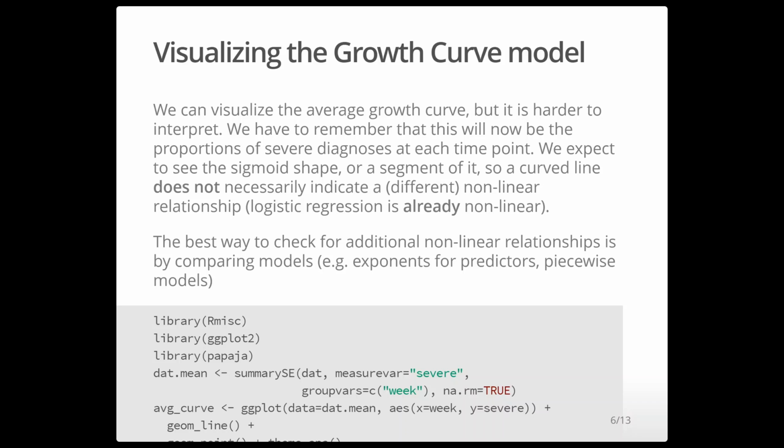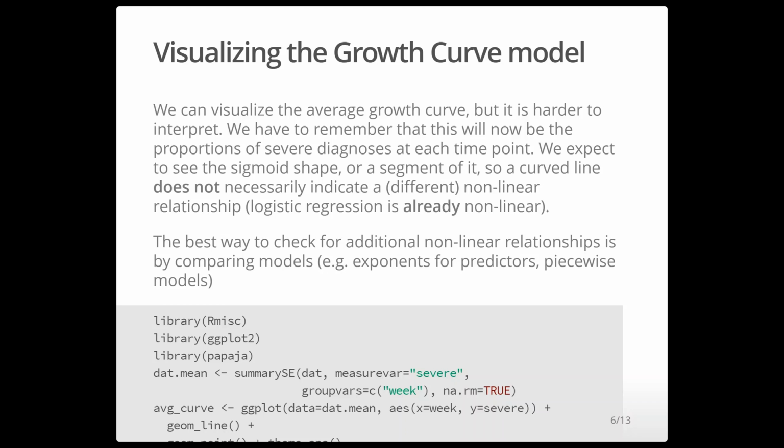So we can visualize the growth curve model, and I'm sorry my code's a little cut off here. I'll fix that in the lecture slides. But either way, we can visualize the growth curve similar to how we did before when we tried to tell if the relationship was linear or nonlinear by looking at the average values at each time point.